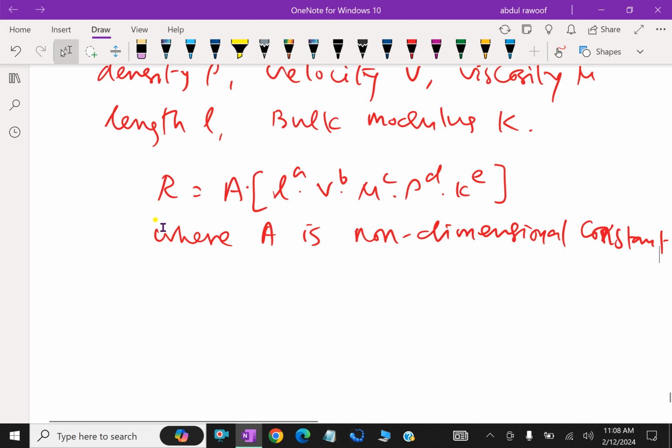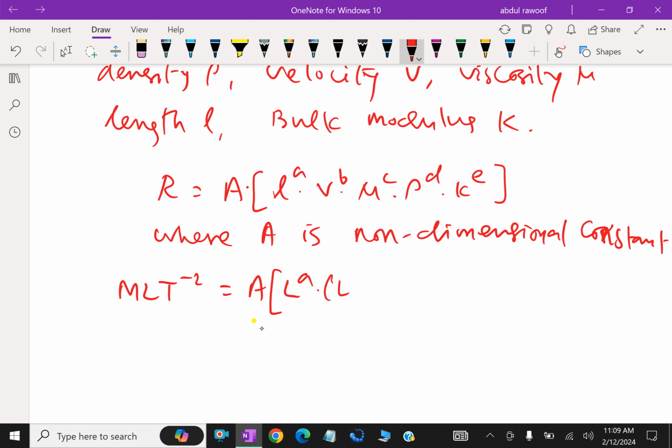Now, substituting the dimensions on both sides. The resistance is a force R, equal to M L T power minus 2, since force is mass into acceleration, equal to A times L, where length is L, and velocity is L T power minus 1 power b.